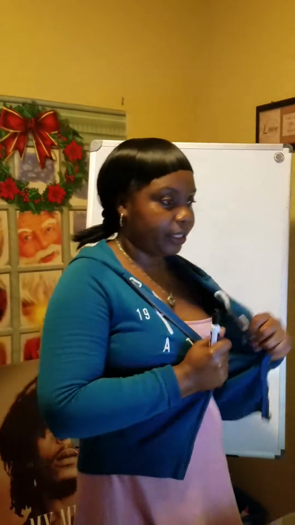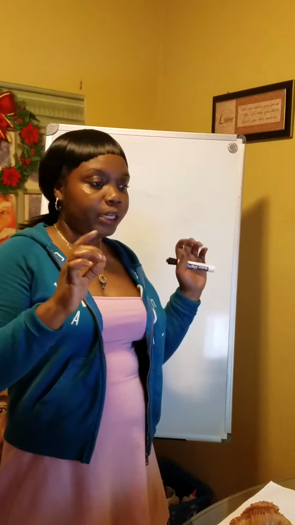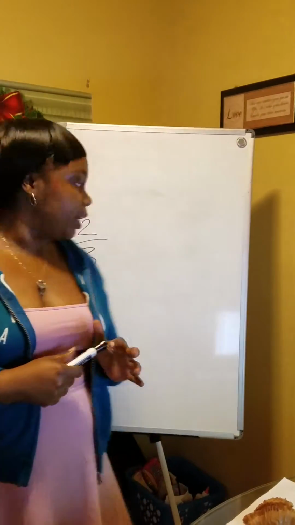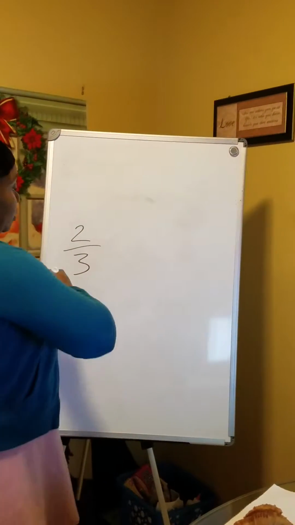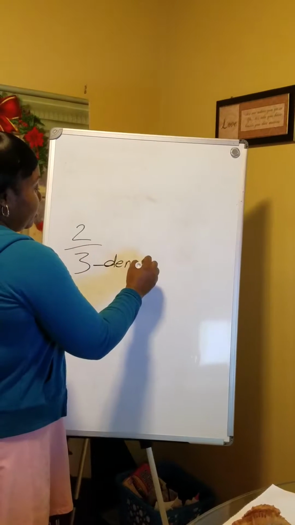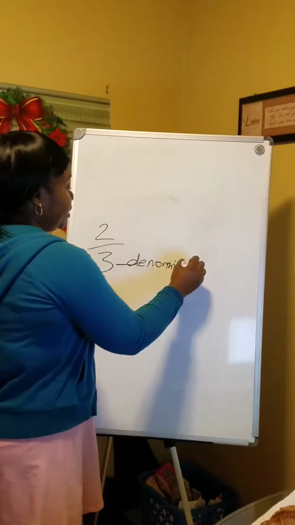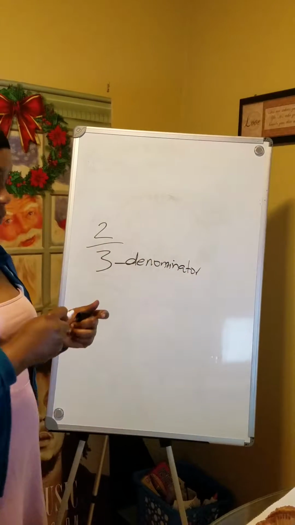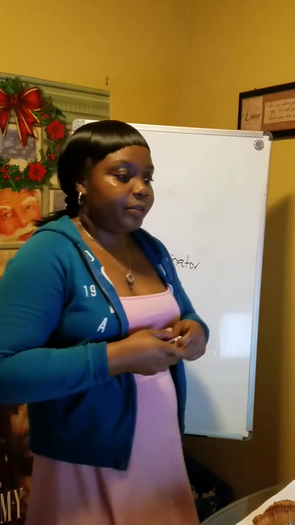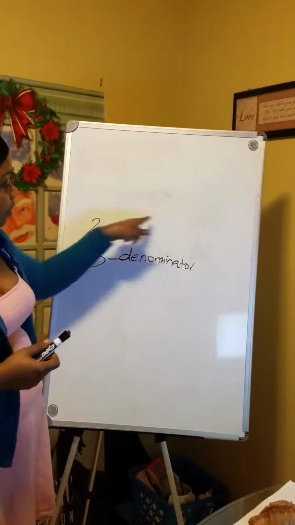That would be 2/3. Okay, can somebody tell me what is the denominator in a fraction? This is the denominator, right? Yes. Can somebody tell me the definition of the denominator? The denominator is the amount of parts that the whole has been divided into.